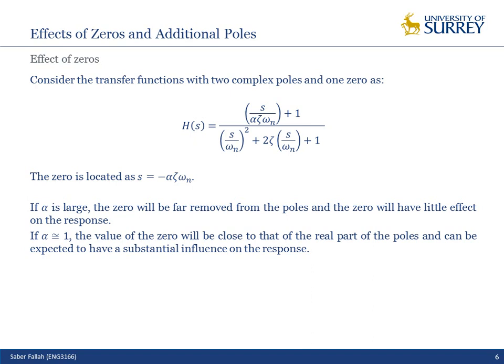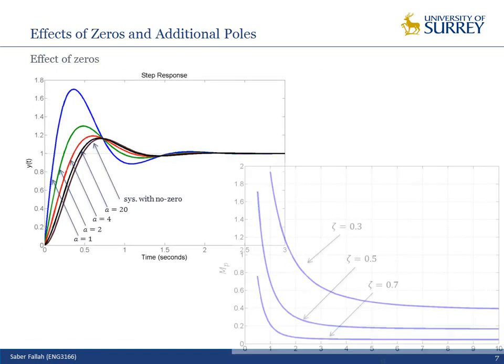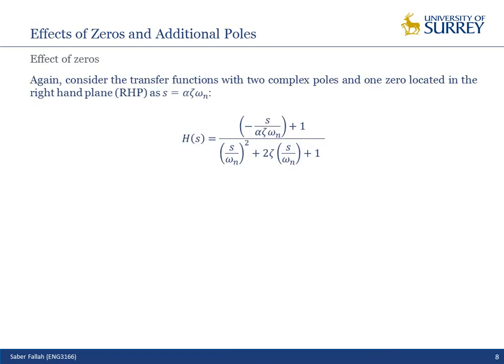So far I assume I have a positive alpha, and a positive alpha means I have the zero in the left-hand side of the S-plane. Do you have any idea what's going to happen if I have a zero in the right-hand side of the plane?